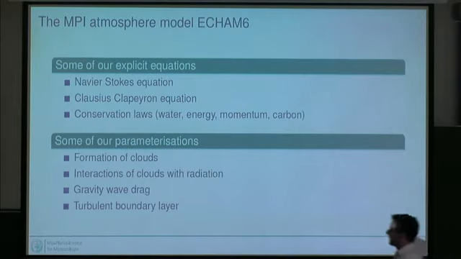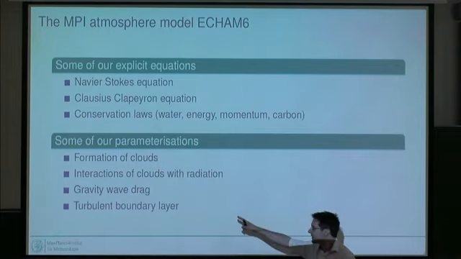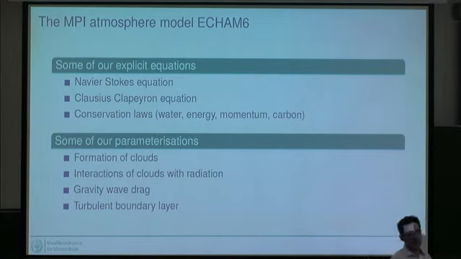There's also other things like the gravity wave drag parameterizations describing how gravity waves interact with the surface. The turbulent boundary layer, which explains how mixing occurs in the lower meters of the atmosphere. All these kinds of things we can never derive from first principles, so we have to tune those in order to get a climate state that looks reasonable.